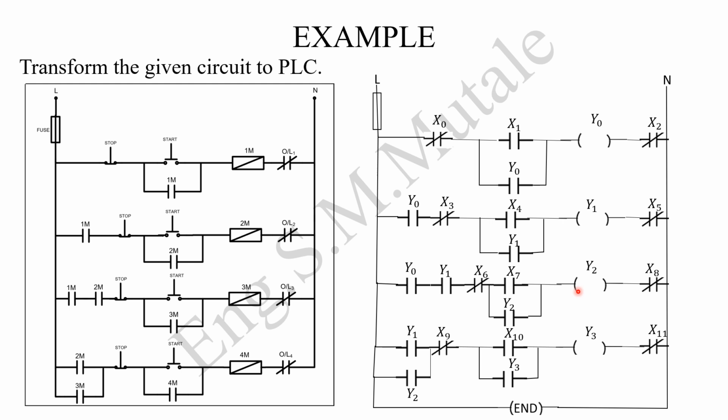Another output we have is this one, which is 3M in hardware. In PLC, we had Y0, Y1, so this one will be called Y2. And anything labeled 3M in hardware, which is this guy here, that guy there, in PLC they'll be called Y2. Then we've got the last output, which is 4M.